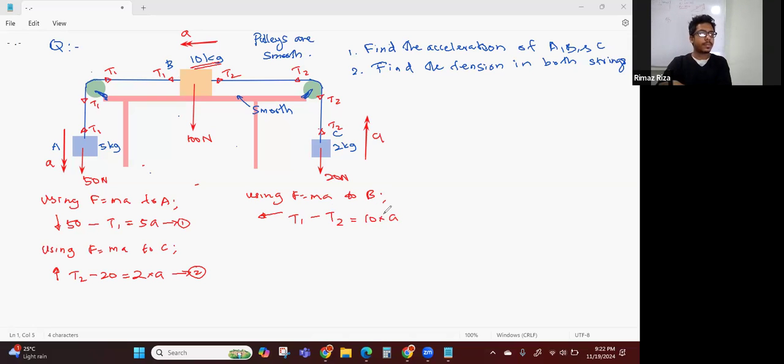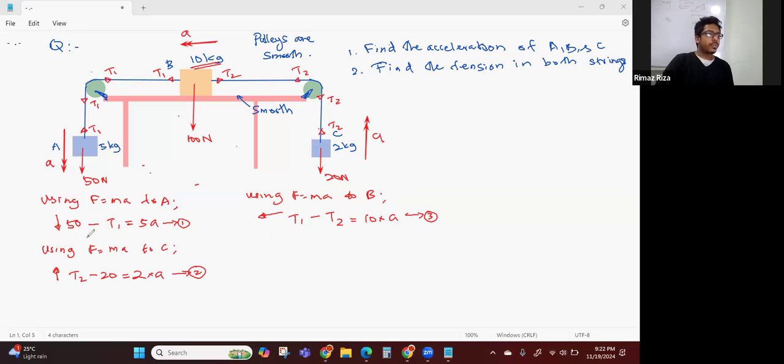So we have this as equation number 3. Now we can use these 3 equations to solve and find the values of a, T1 and T2.